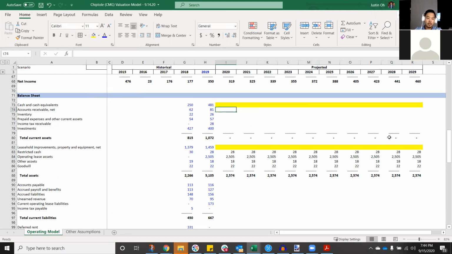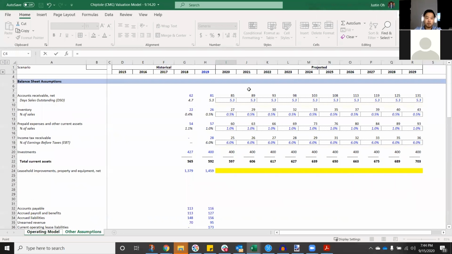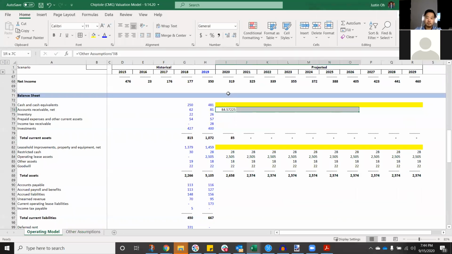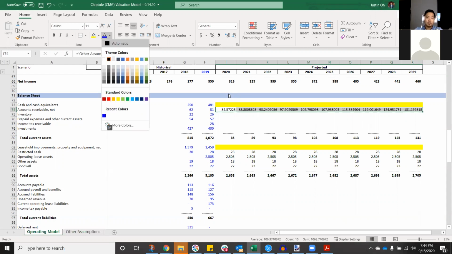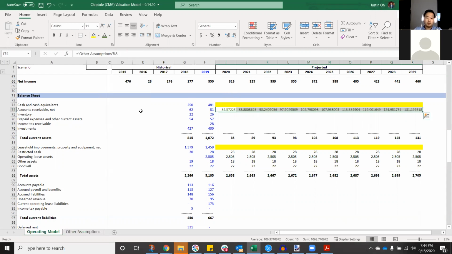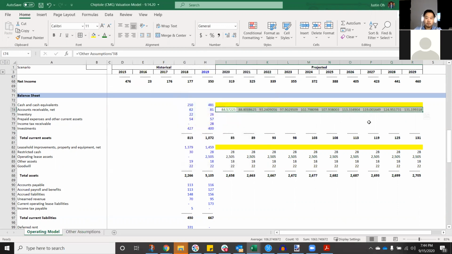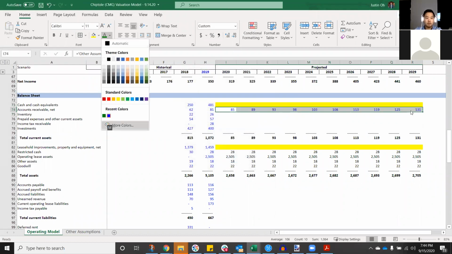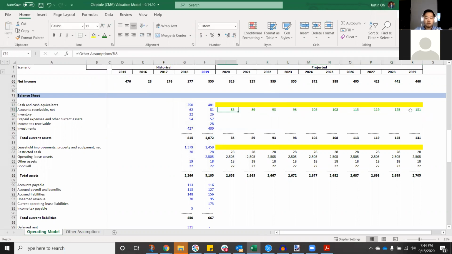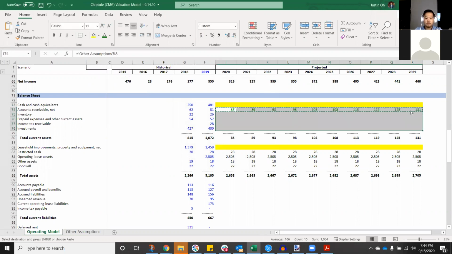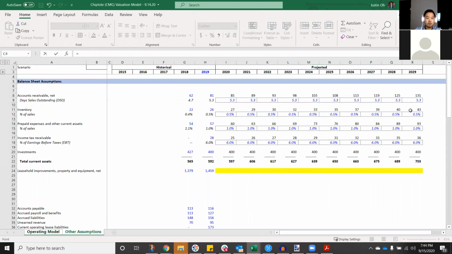So what we can do now is start hooking things up. So equals accounts receivable right here. Boom. And if you remember, color coding is important. This dark green usually means it's pulling from another sheet. Okay, so just equals inventory.